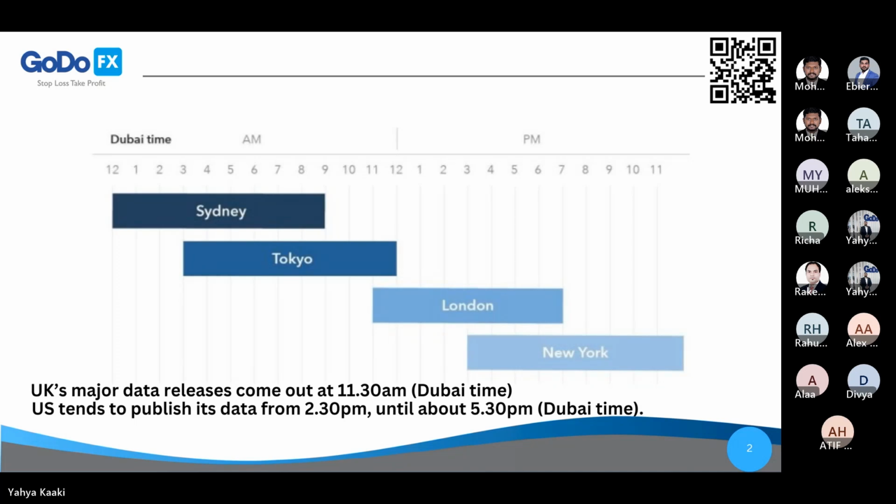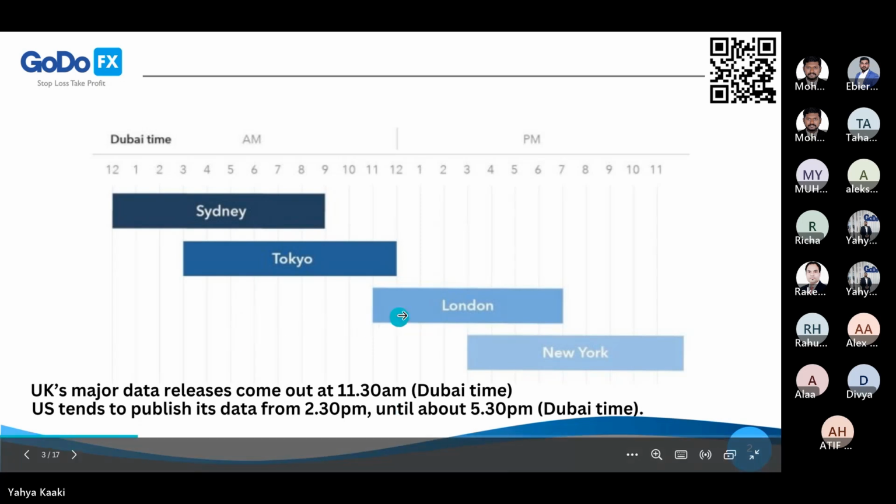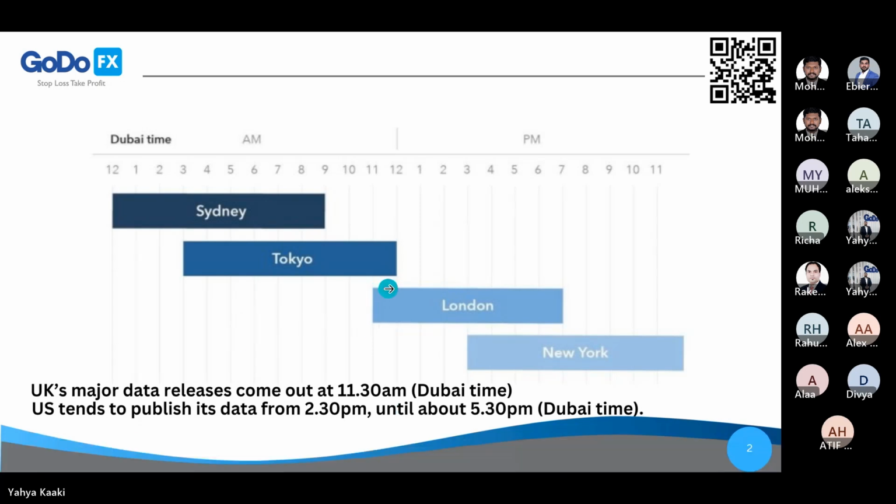It's going to be here, if you can see where I'm moving. And the US tends to publish its data from 2:30 until 5:30 Dubai time. If this one is the winter time, it's going to be 3:30 until 6:30. These announcements can generate significant movements depending on the market's reaction.